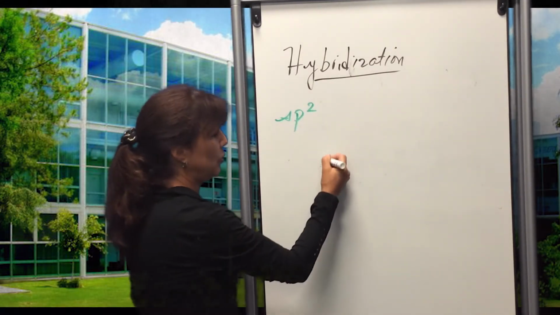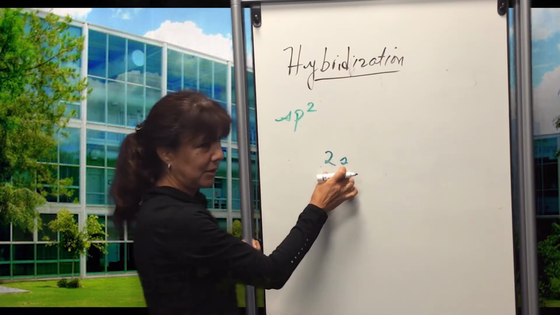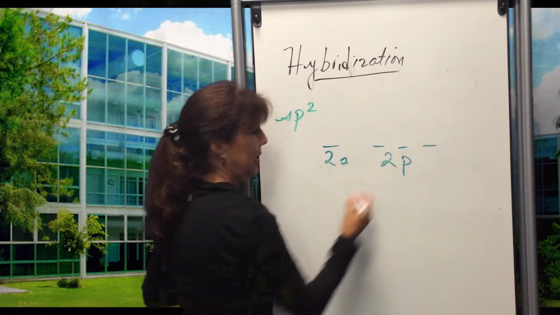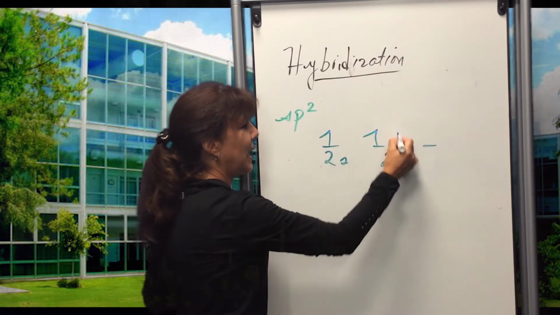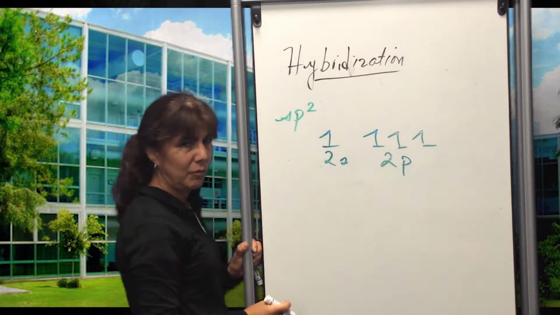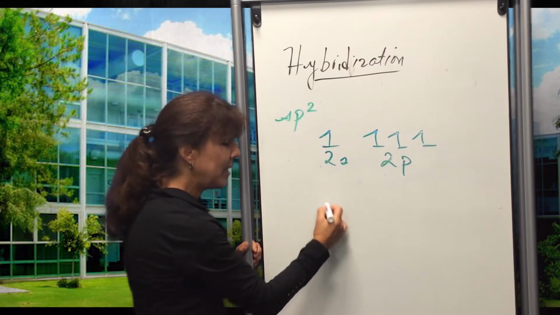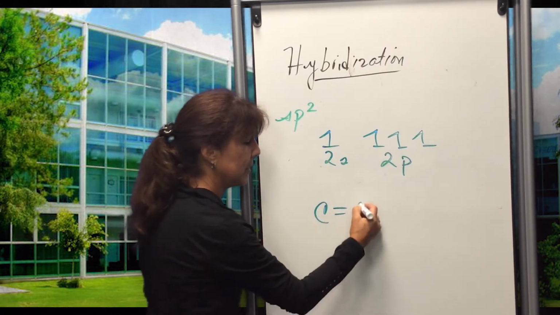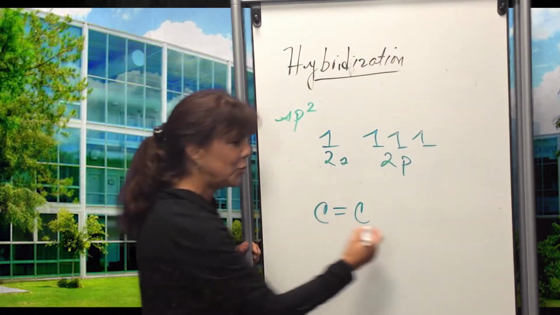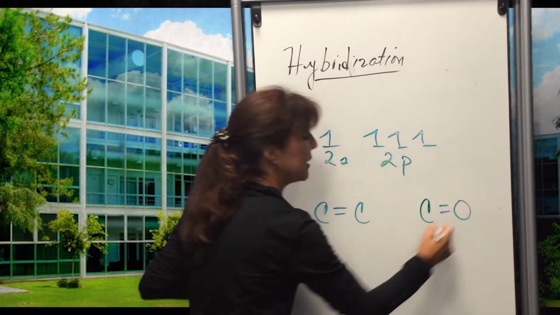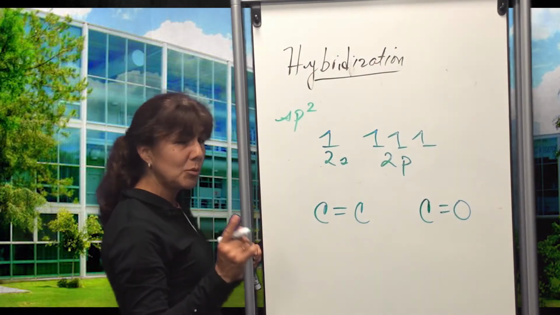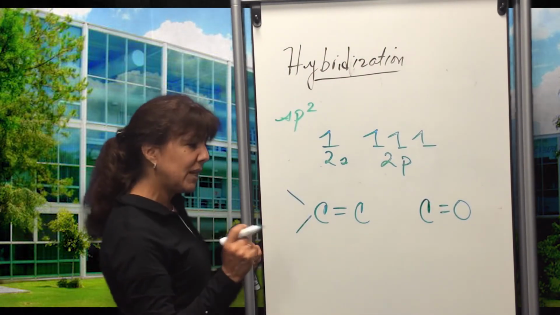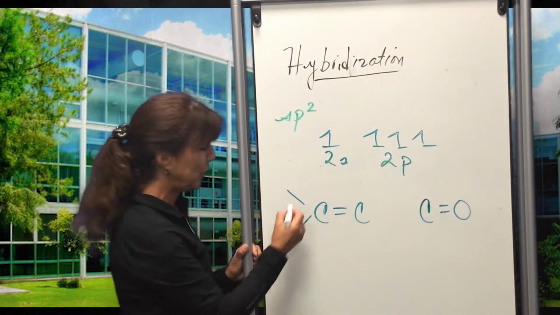I'm sketching out once again that I had my 2s orbital, my 2p orbitals, and that I've already made a hybrid out of the 4. When the carbon atom is going to be bonding to another carbon atom by means of a double bond, or to an oxygen by means of a double bond, as I had already explained, you're only going to have 3 single or sigma bonds.